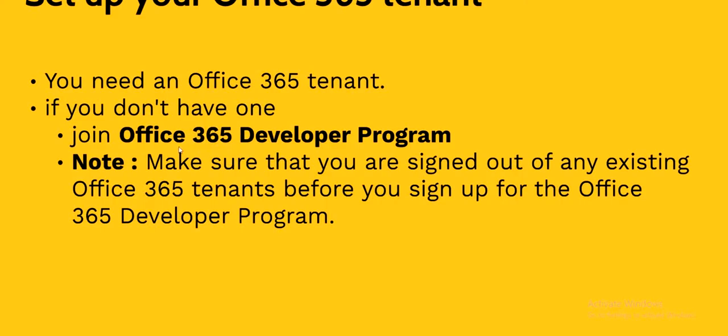All you have to do is search on Google for Office 365 Developer Program. From there just sign up and it will provide you an E5 plan. It's called an evaluation plan, so you can use it for developing and testing, but you cannot use it for any production purpose.